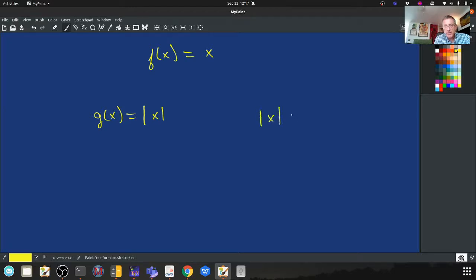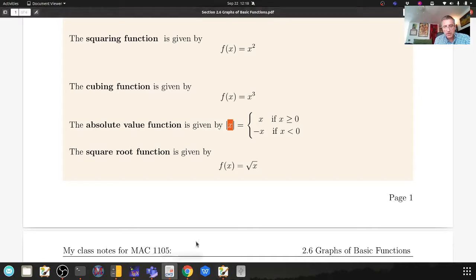Well, the absolute value of x is equal to the identity function if x is greater than or equal to 0. It's equal to minus the identity function if x is less than 0. So, of course, that's not what you were given. You're just given the value of x and minus x.